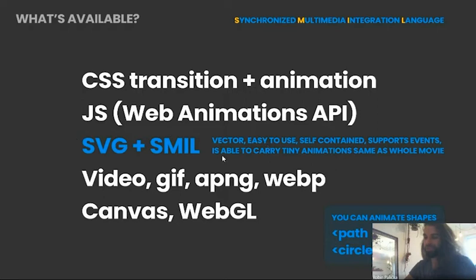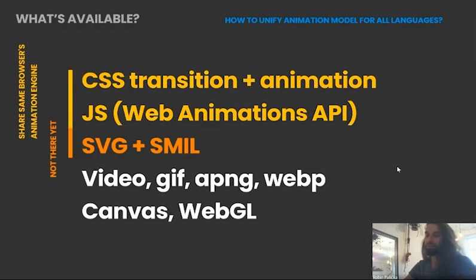So for me, this could be the ideal format for animations, but there are a couple more problems. HTML and CSS go forward with crazy speed, but SVG is kind of slow. The new things don't appear in SVG and inside SMIL so often. Also, CSS animations and transitions share the same browser engine as the Web Animations API.